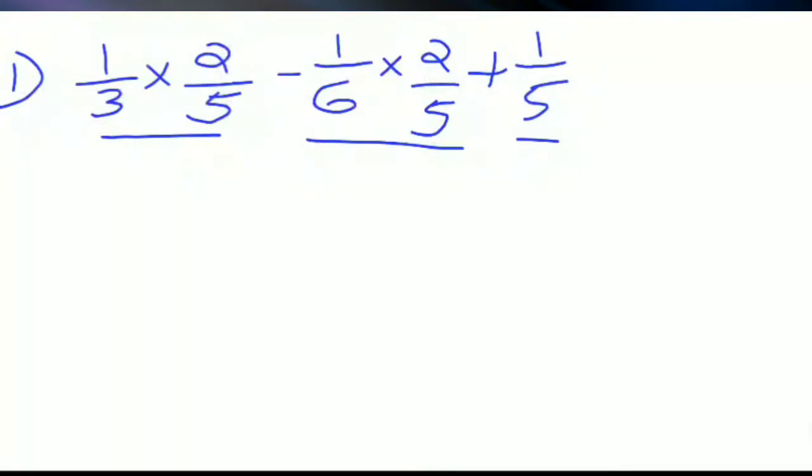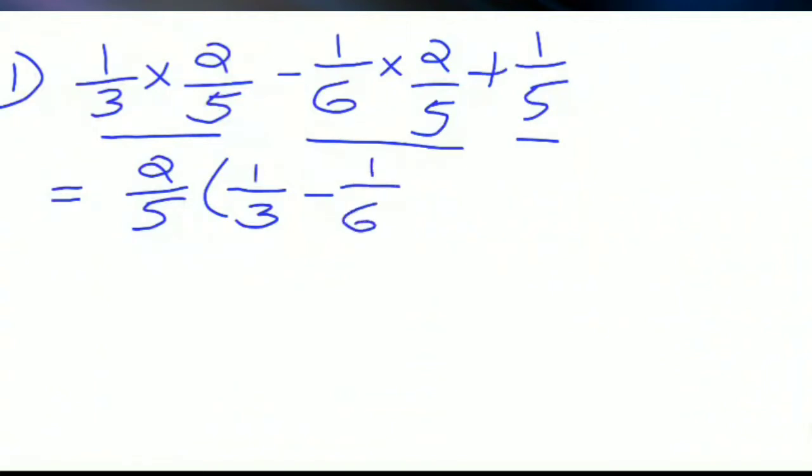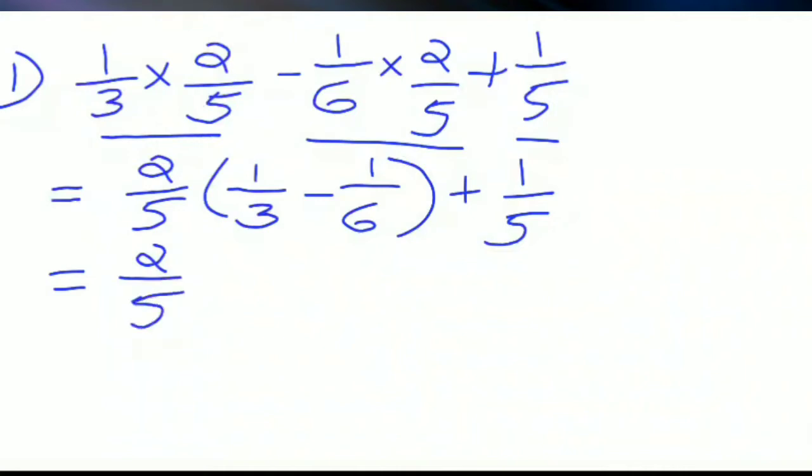So we can write it as 2/5, put a bracket, then what is left in the first term? 1/3. So 1/3 minus what is left in the second term? 1/6. Close the bracket, plus 1/5. Next, within the bracket we have to find the LCM.